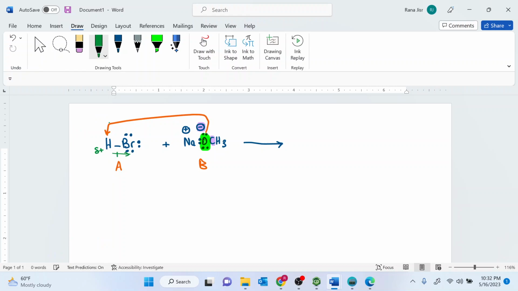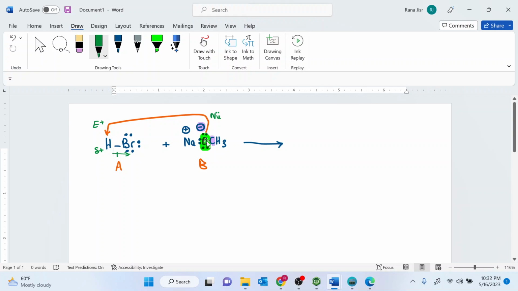So here I have a reaction between the electrophile and the nucleophile. The nucleophile is the oxygen of the base. So the arrow starts from the lone pairs, not from the oxygen, not from the negative charge. It starts from the lone pairs towards the hydrogen. I am sharing two electrons, so I'm using a double-head arrow, a full-head arrow actually.